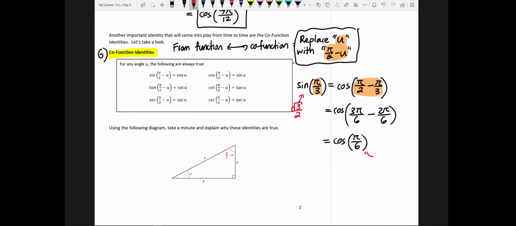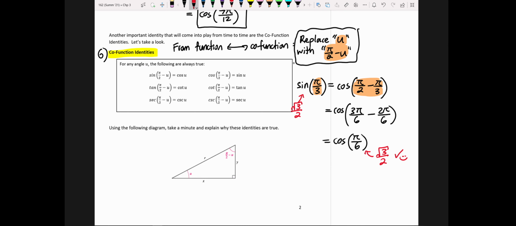At pi over 6, 30 degrees, our cosine is also long leg, root 3 over 2. So you can see that checks. That sine of pi over 3 is equivalent to cosine of pi over 6. And that was applying our cofunction identity.